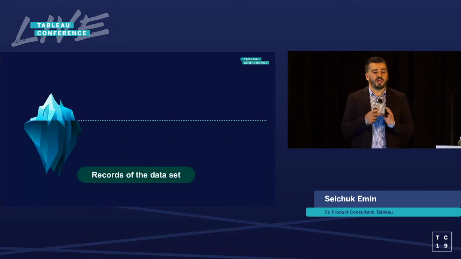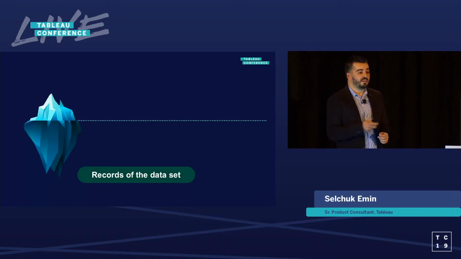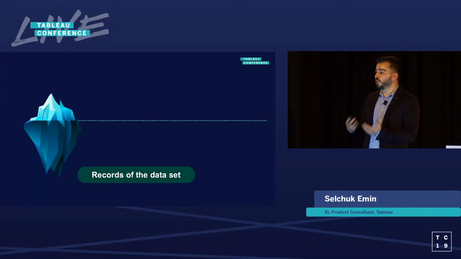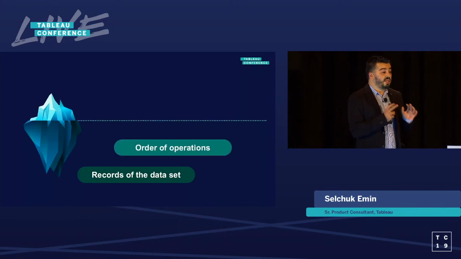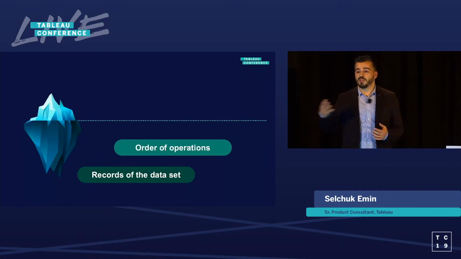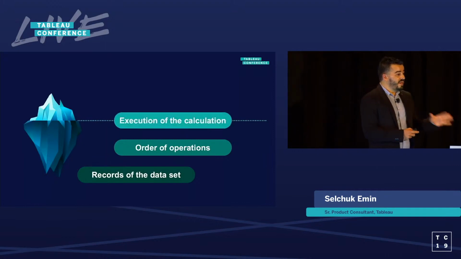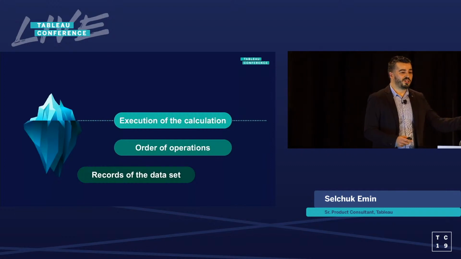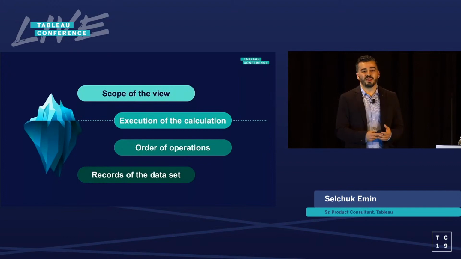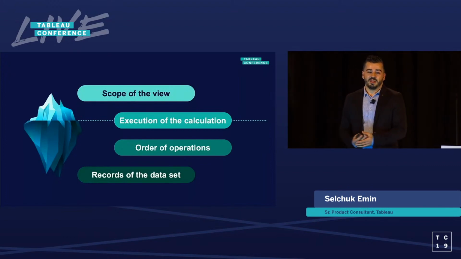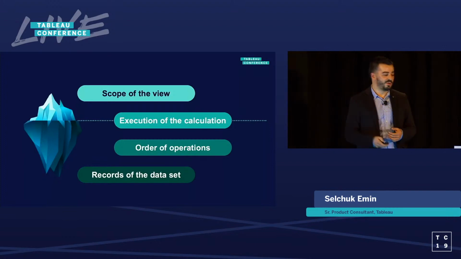And the things that we really do need to take into consideration are the records of the data set, so what each row in our data represents, the order of operations that Tableau is using to do the calculations. Then we need to understand where the calculation is actually executed. And finally, what is the scope of the view? So what exactly is it that we are seeing as results on the screen?